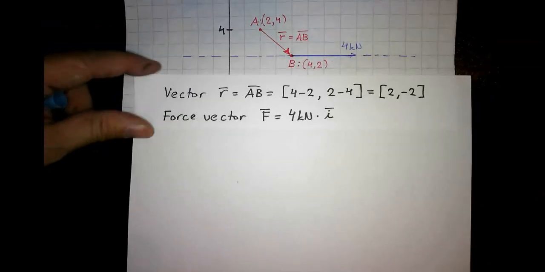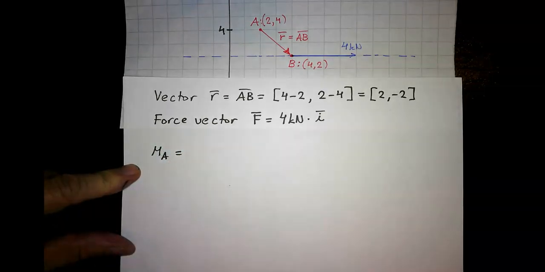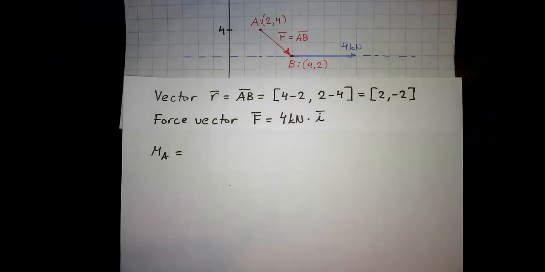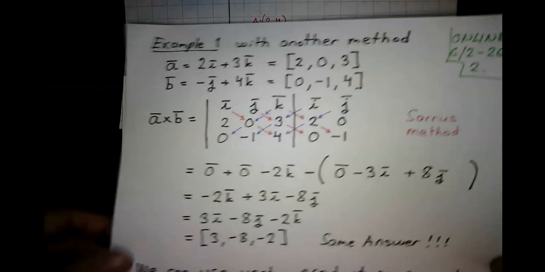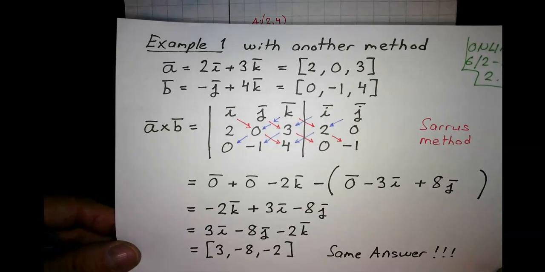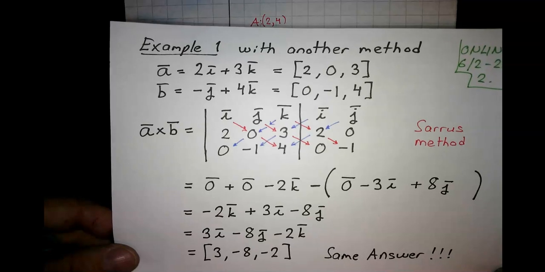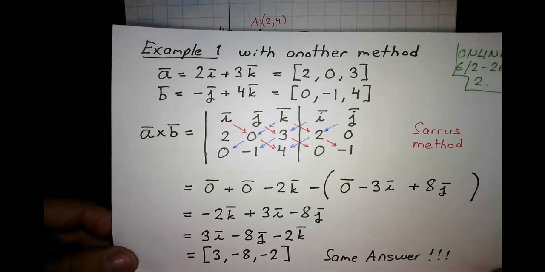And the moment about A will be, we can use this method. Of course, in this we also use the same method, but this was the first example. We calculated the cross product with the help of this determinant.